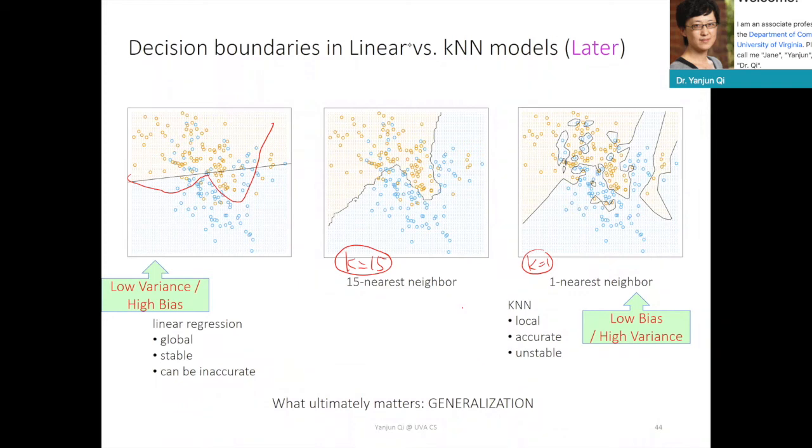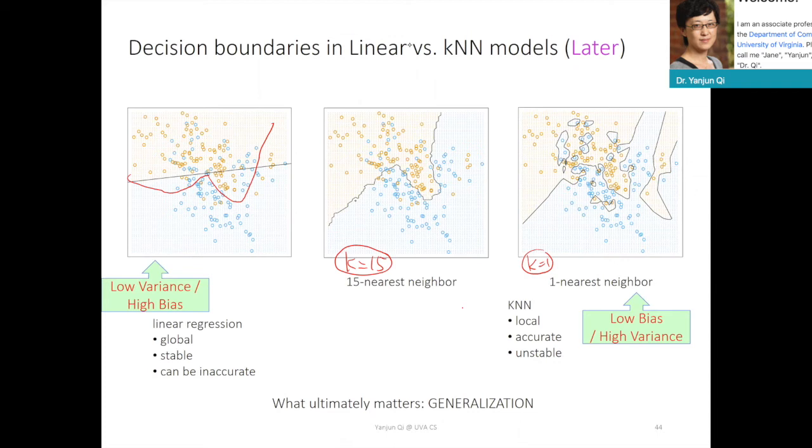You actually can control the complexity of your models. In the k-nearest neighbor case, versus a linear decision boundary, you have this global model, very stable, but it can be inaccurate.